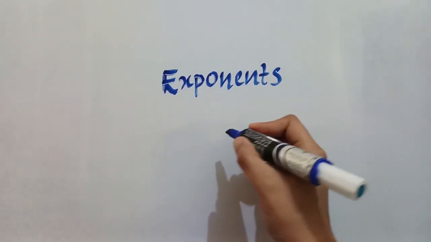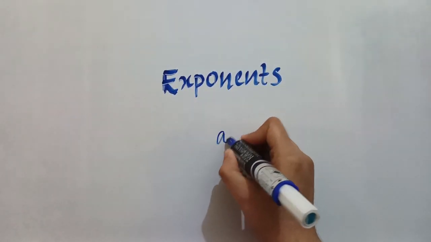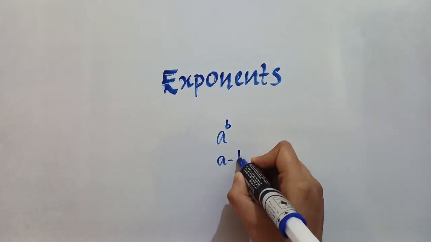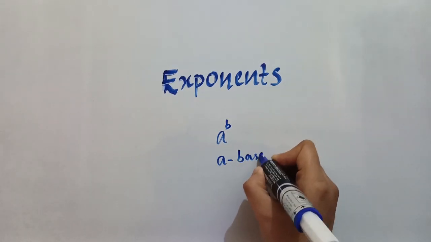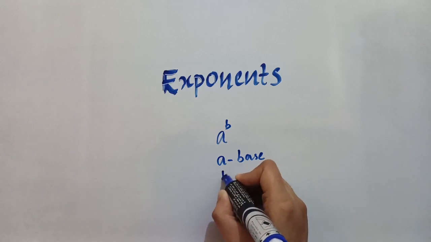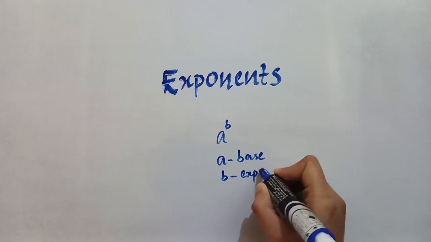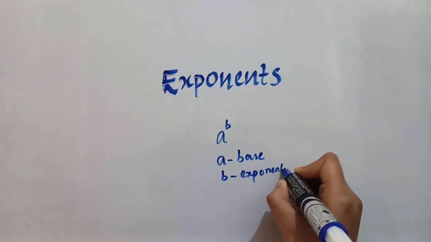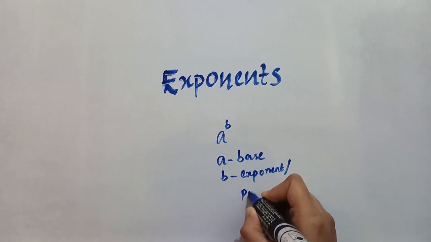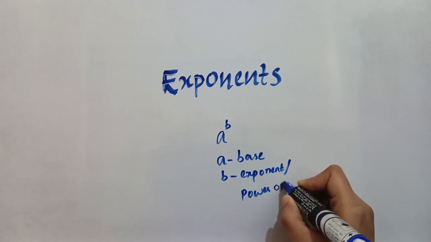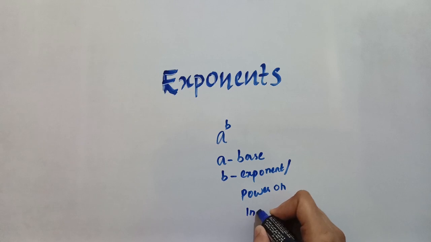So exponents are in the form a raised to b, where a is called base and b is called exponent or power, or we can say it as index.